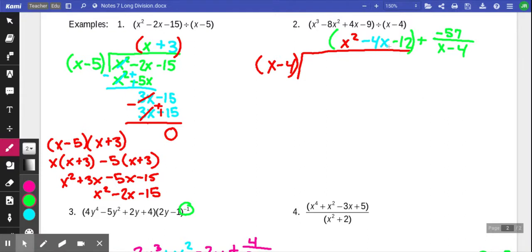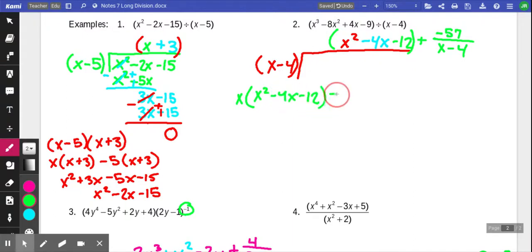So I'm going to start off by multiplying the x squared minus 4x minus 12 times the x minus 4, and then I'll add in my remainder at the end. So first I'm going to take my x term here, and I'm going to multiply that by x squared minus 4x minus 12.